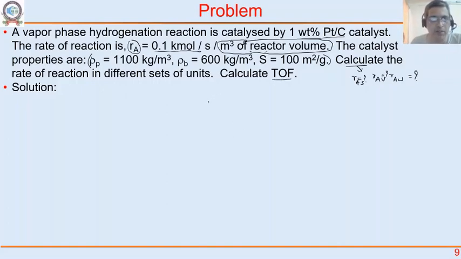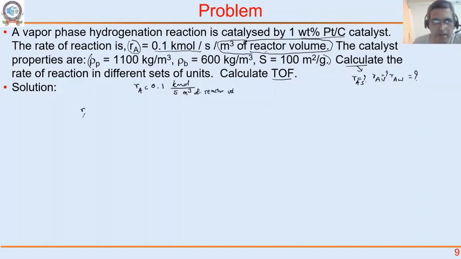Now how do I calculate? This is our RA. RA is 0.1 kilomoles per second per meter cube of catalyst. Oh, sorry, not catalyst. RA is per unit reactor volume.